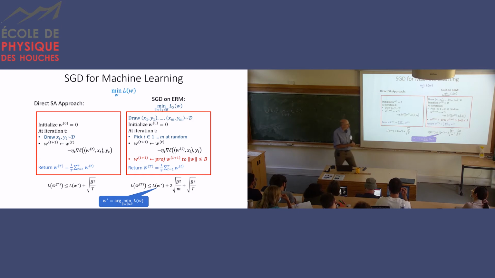Now, over here, it's pretty clear how this norm comes in. Each time I'm projecting to predictors of norm at most b, so it's pretty clear where the complexity control comes in. Let's go back to the first lecture. We said that in order to learn, we have to have some kind of complexity control. On one hand, we have to fit the data well.